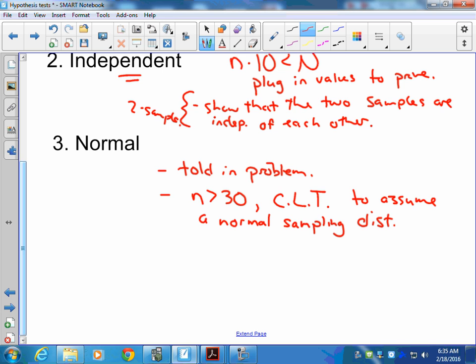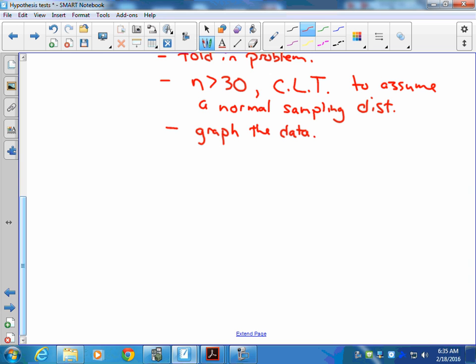Okay, and then the most difficult way in a mean value problem is you would have to graph the data. This happens when it's not greater than 30 and you're not told that it's normal. The graph that we're looking for is a box and whisker. When you do the box and whisker, you're going to sketch that onto your page.